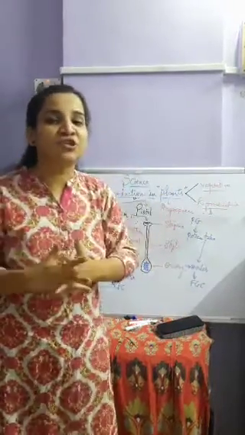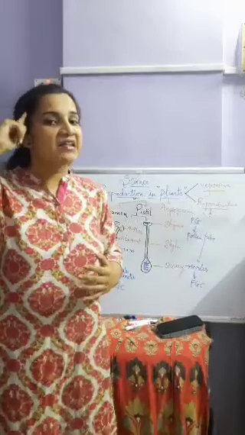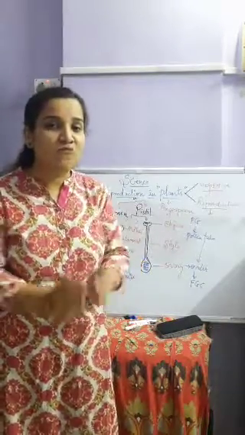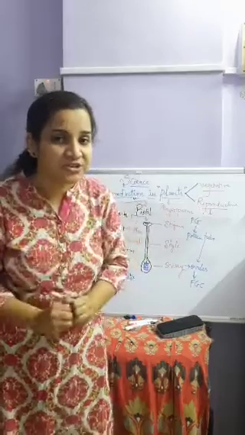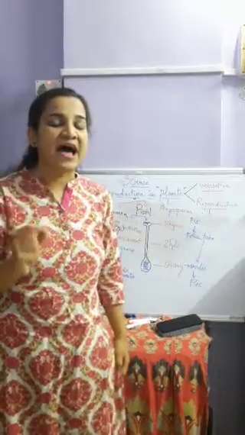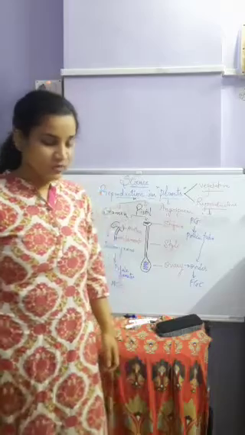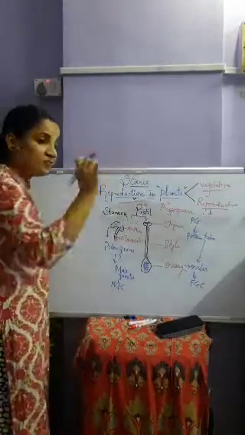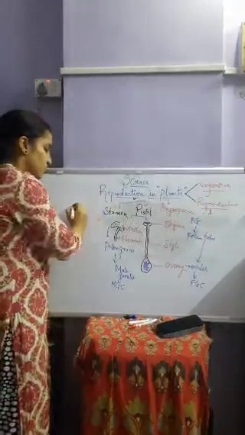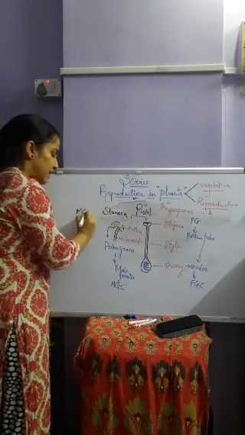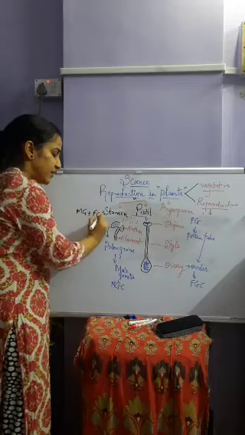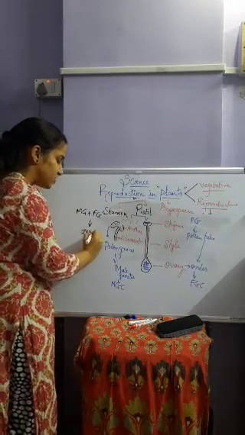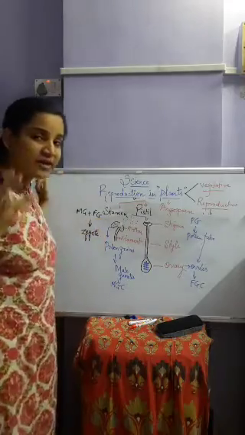When there is fusion of the male gamete and the female gamete, it will lead to the formation of a small structure which is called the zygote.